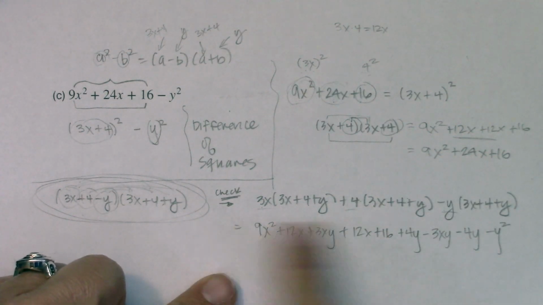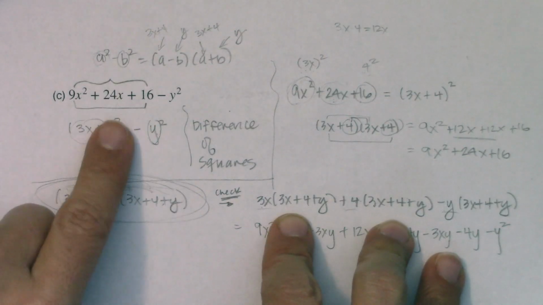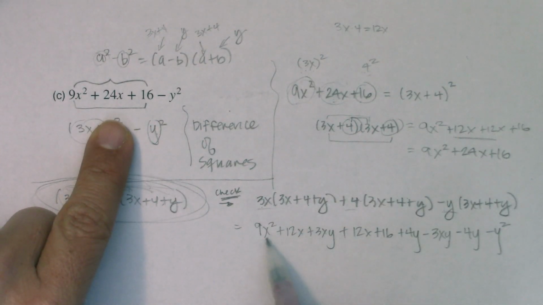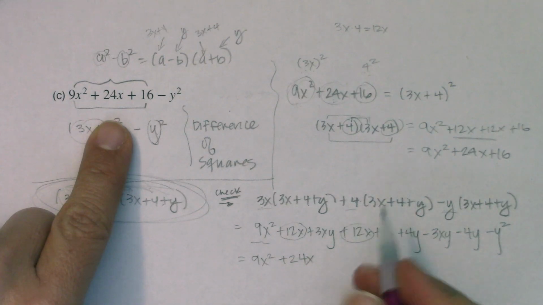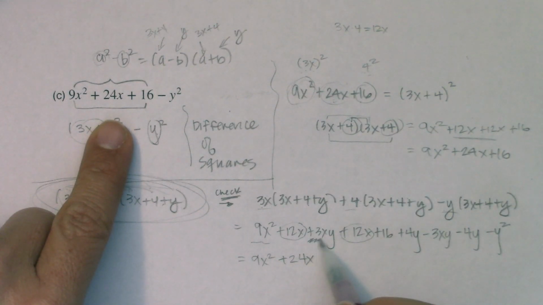All right, and I just want to see if I simplify this, do I get back to the original expression? Let's take the x squareds. I see 9x squared here, no other like terms. Let's do the x's. I got 12x, 12x, no other x terms, so I've got 24x. Let's do the xy's. 3xy minus 3xy.